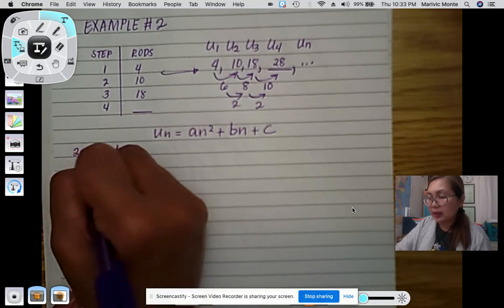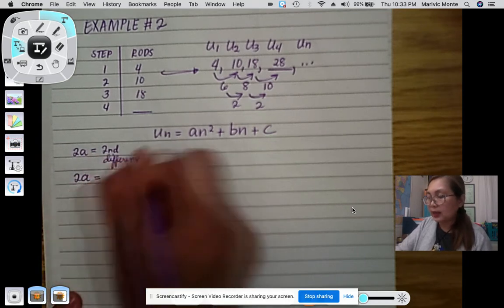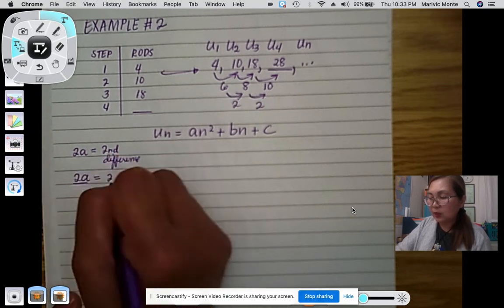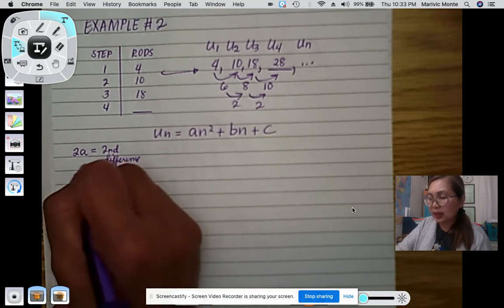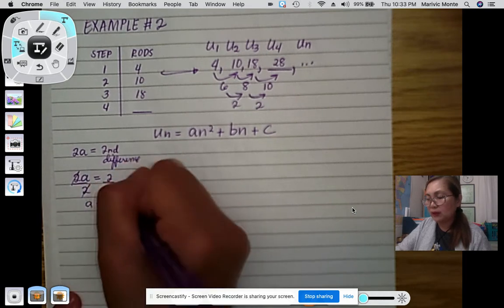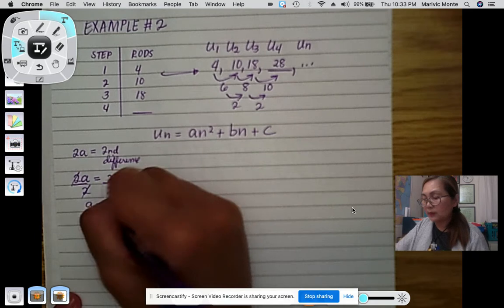Our second difference here is 2, so I'm just copying: 2a equals 2. Dividing both sides by 2 cancels this out, so we have a equals 2 divided by 2, which is 1.